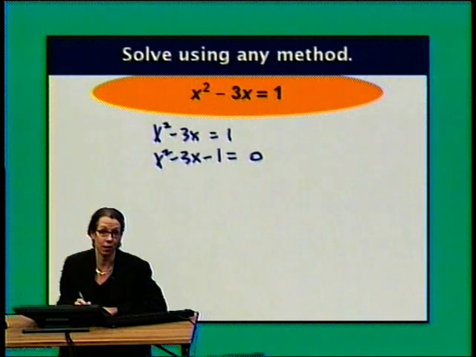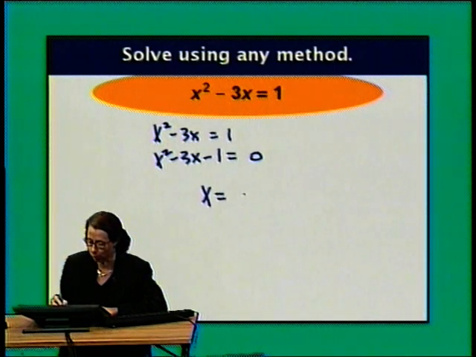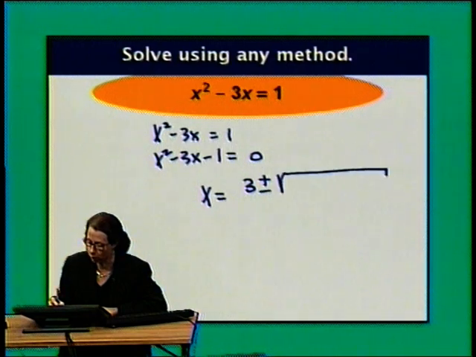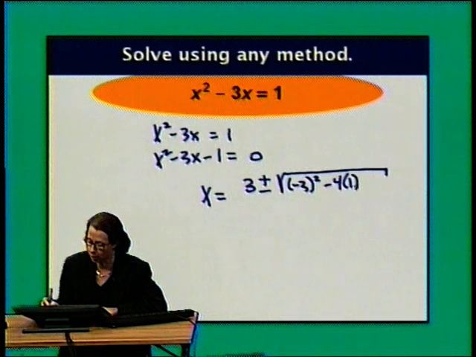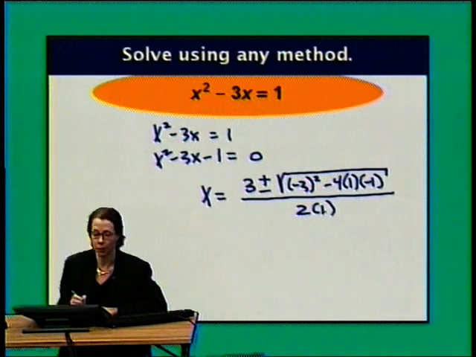Can the expression on the left-hand side be factored? Well, in this case, the answer is no. There are no integer factors of negative 1 that add to negative 3. I've got to use the quadratic formula. So x equals the opposite of b plus or minus the square root of b squared minus 4ac all over 2a.